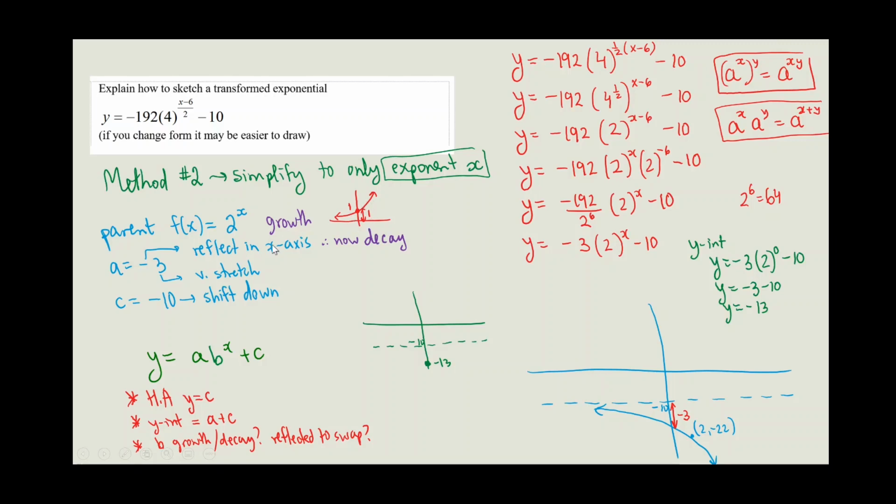But because of this reflection, it's now going to fall from left to right instead of rise from left to right. You can see how this shows pretty much the same shape, just with a different point focus. All right, I feel like we need another example just to make sure that we're good with this.